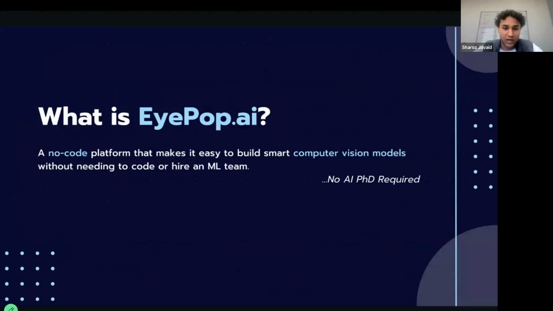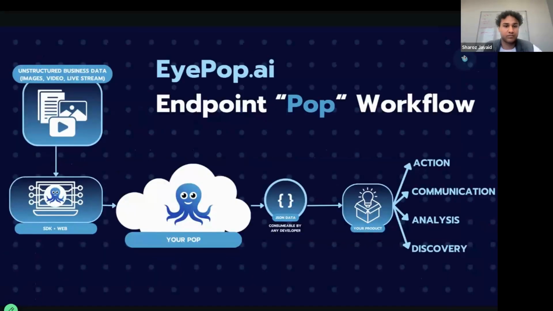So we are a no-code platform that makes it easy to build these computer vision models without needing to code or hire an ML team. So our flow sort of looks like this, where you'll come in with your unstructured business data. So that's images, video, or live stream, and you'll upload that to our SDK or to our web app.